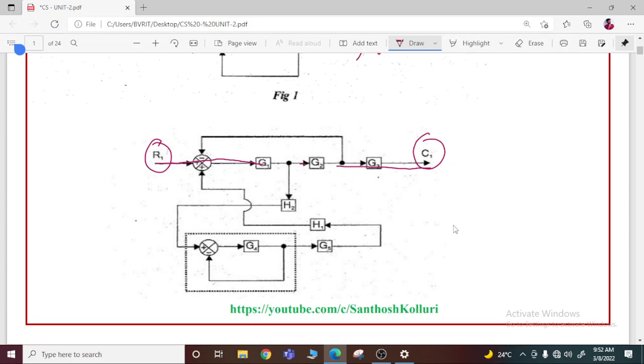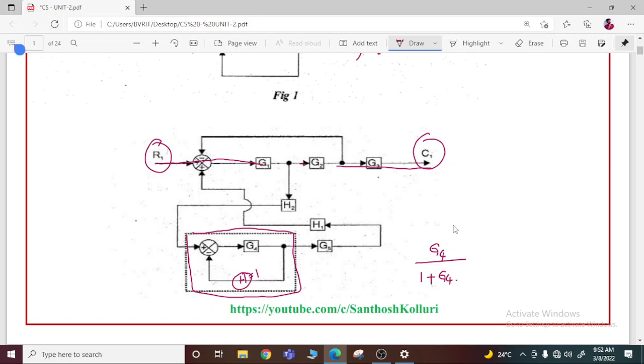Okay? So here if you observe this, it is nothing but a closed loop transfer function having a unity feedback system. So generally a closed loop transfer function will be like this. Here the value of H is equal to 1, called a unity feedback system, and the resultant of this complete block is G of s by 1 plus G of s into H of s. Like that, numerator is G4 divided by 1 plus G4 into H of s, where H of s is equal to 1 here.